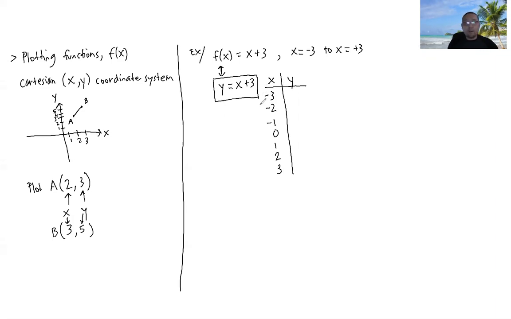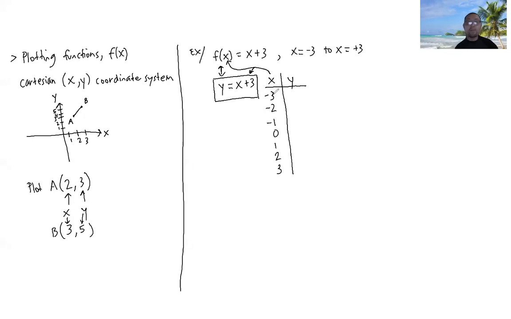Now that I know what values I'm going to evaluate this function at, similar to what we did before, wherever you see x in your function, you're just going to plug in each of these numbers, and figure out what y value you get out of that function. So let's start with -3.